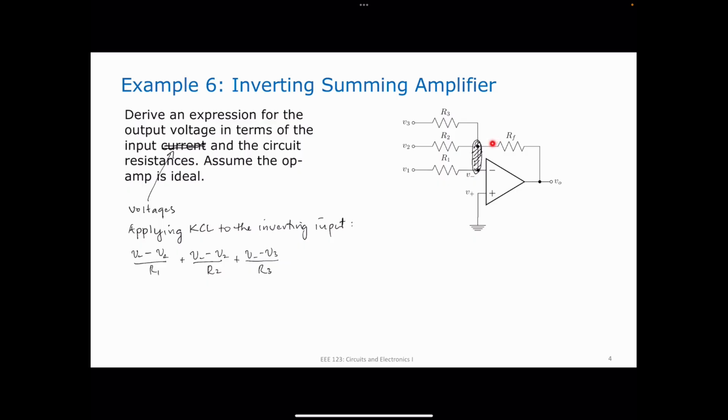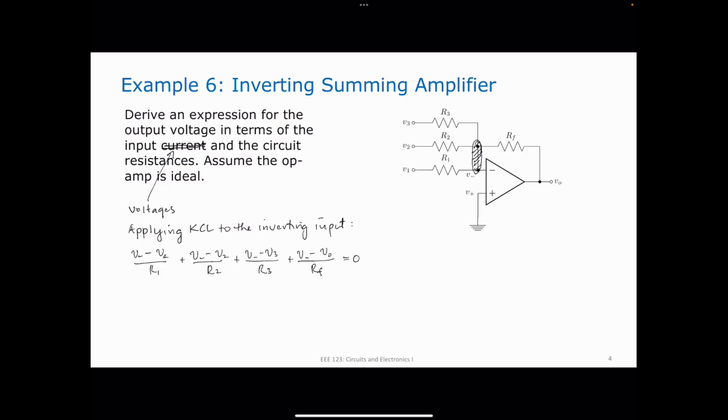We have a current flowing left to right here. That's (V minus VO) all over RF. And we have a current flowing into the inverting input, but we know that that current is equal to 0, so we don't have to consider that anymore. So this should be equal now to 0.